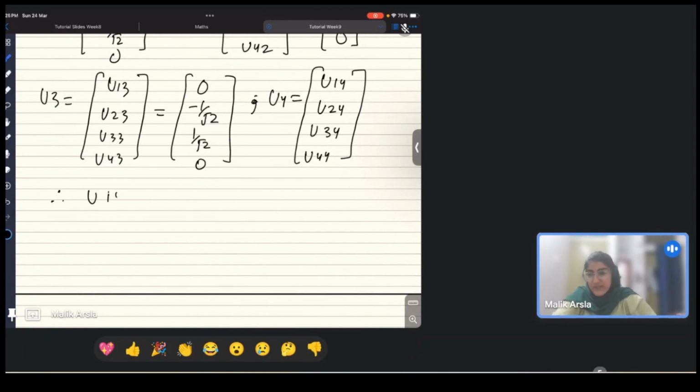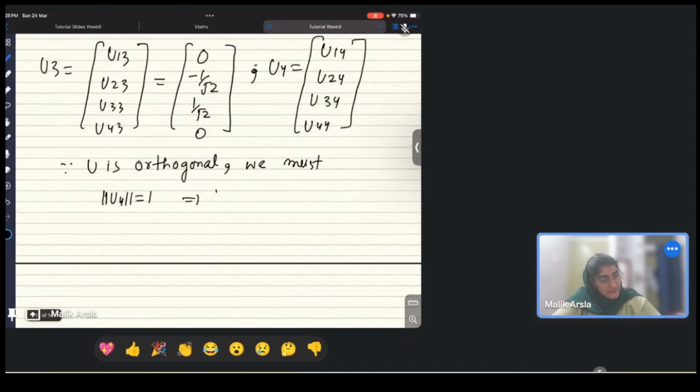Because U is orthogonal, we must say that the magnitude of U4 is equal to 1, which implies U14 square plus U24 square plus U34 square plus U44 square is equal to 1.